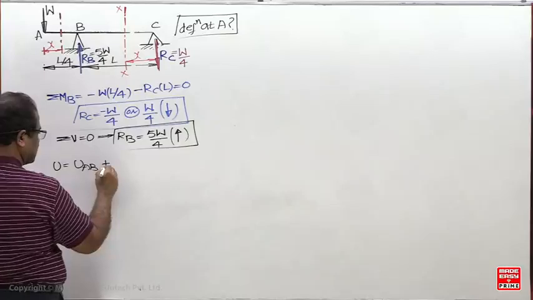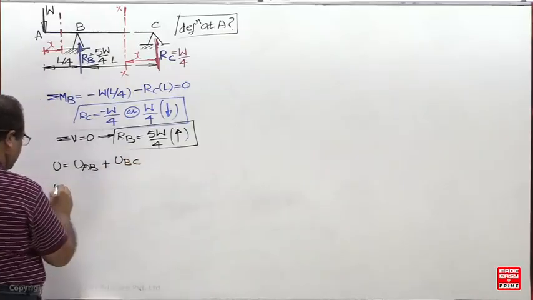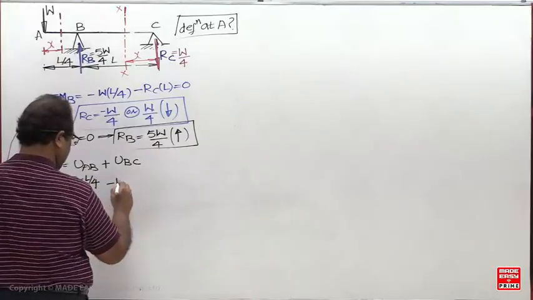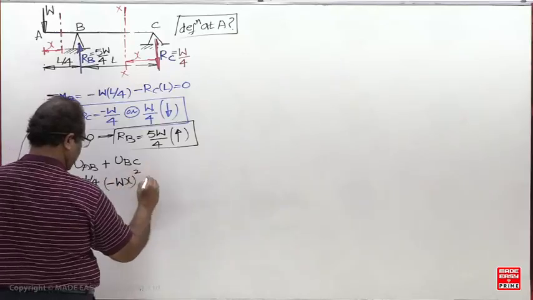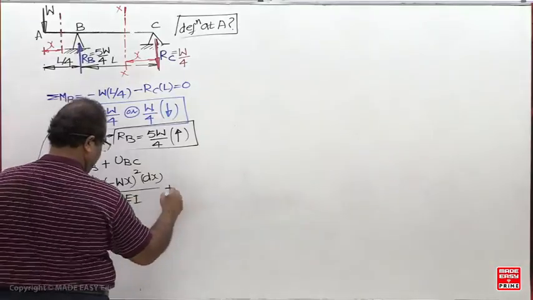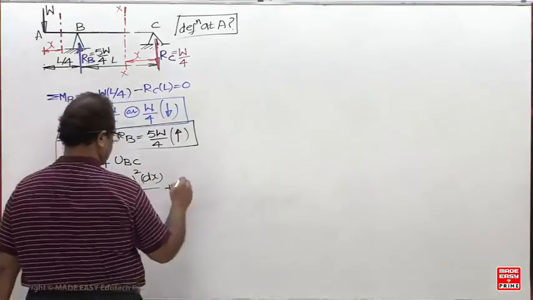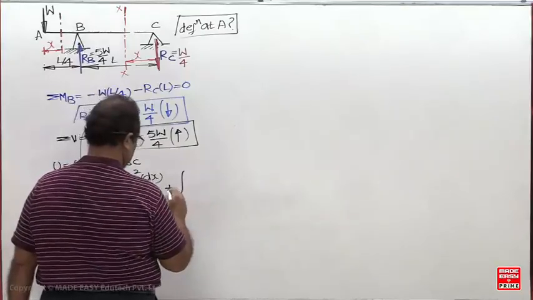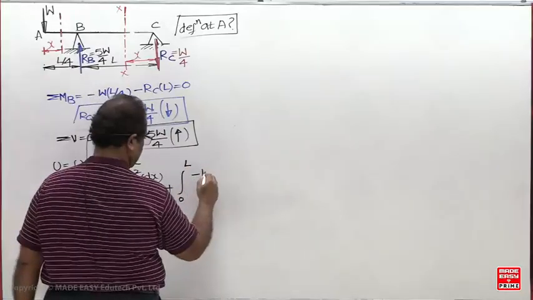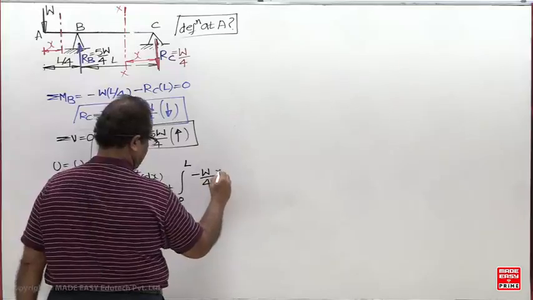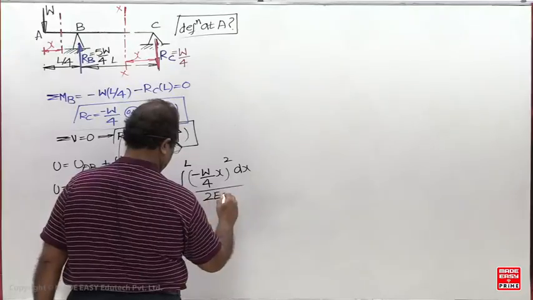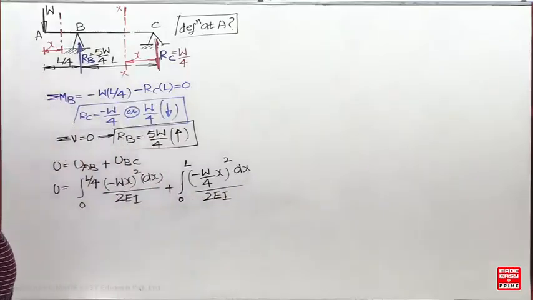strain energy of AB plus strain energy of BC. For AB, limits are 0 to L by 4. What is the bending moment equation now? So complete the integration now.